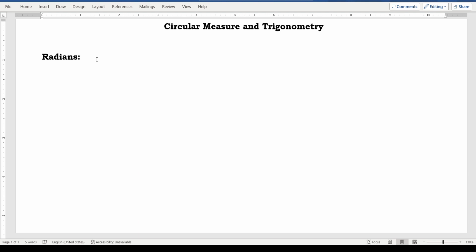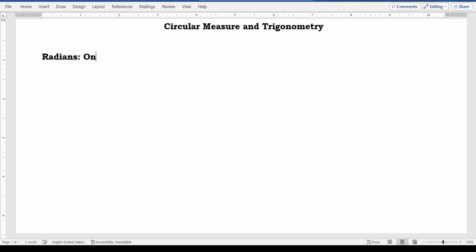So what is the radian? Actually, what is radian? How is it measured? 1 radian is the angle subtended at the center of a circle by an arc with a length equal to the radius of the circle. That is the definition of the radian.